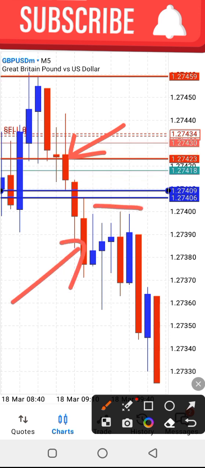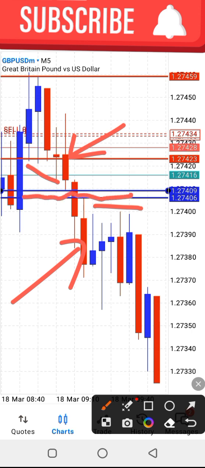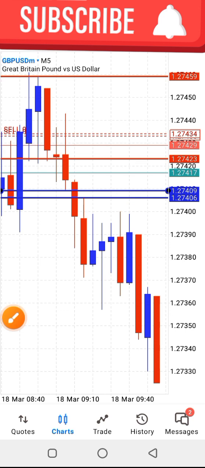The wick of this third candle and the wick of this first candle do not meet. Putting a horizontal line across, you can see that there is a gap in between. The gap between these two blue lines is what we call FVG, fair value gap. So criteria number two is satisfied. There is a fair value gap just before my zone.